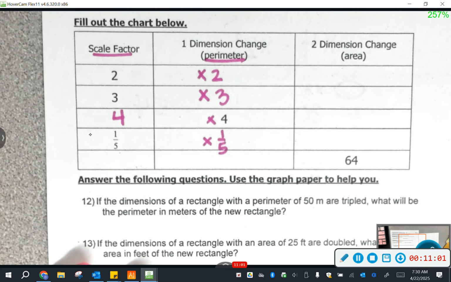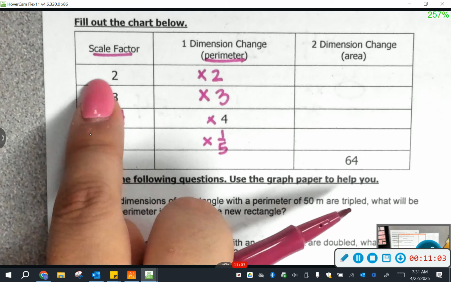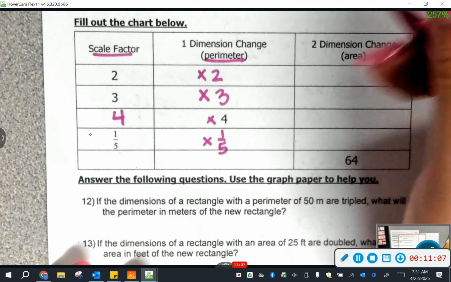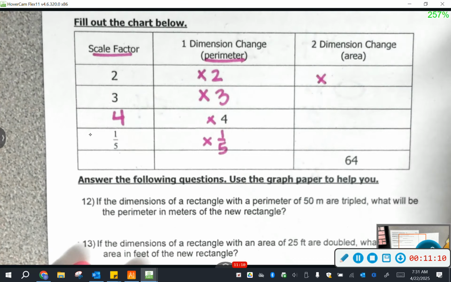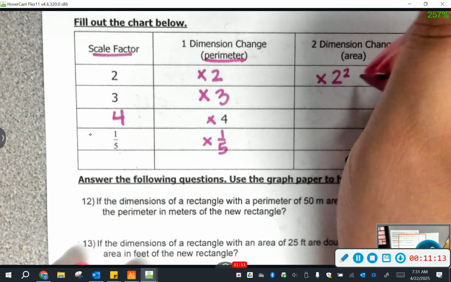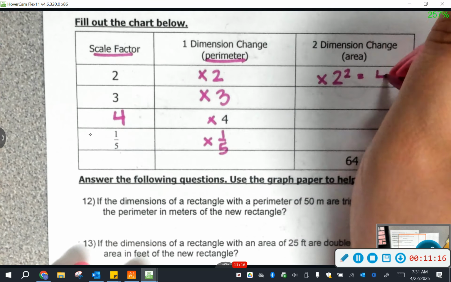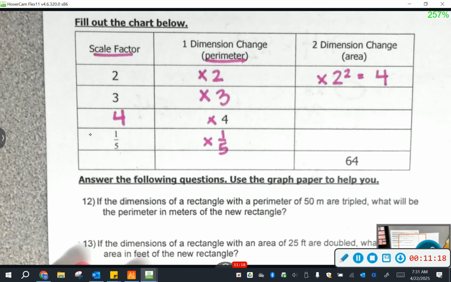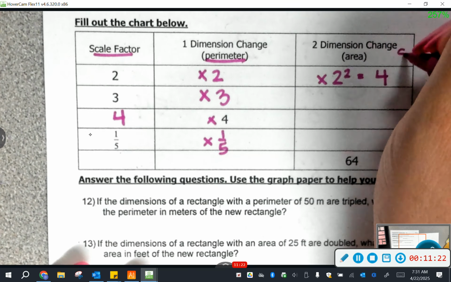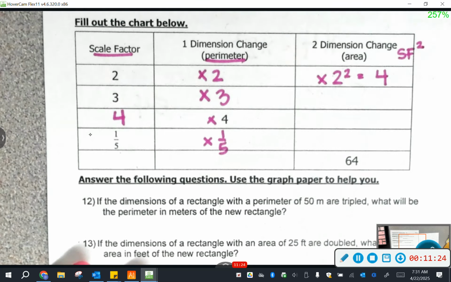What about my area? If my scale factor, we'll do this one last. If my scale factor is 2, what am I going to multiply the area by? Not 2. 2 squared, which is 4. For area, you always take the scale factor and square it.